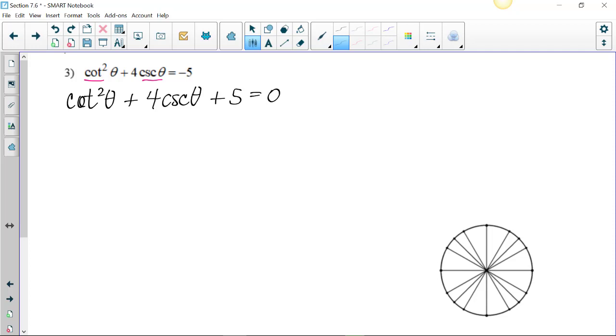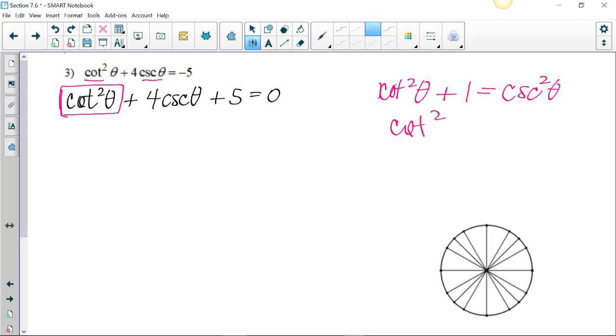So I'm thinking cotangent theta, I've got a Pythagorean identity that involves cotangent theta. And what is that identity? It is cotangent squared theta plus 1 equals cosecant squared theta. So if I want cotangent squared theta by itself so I can replace that, then I need to subtract 1.